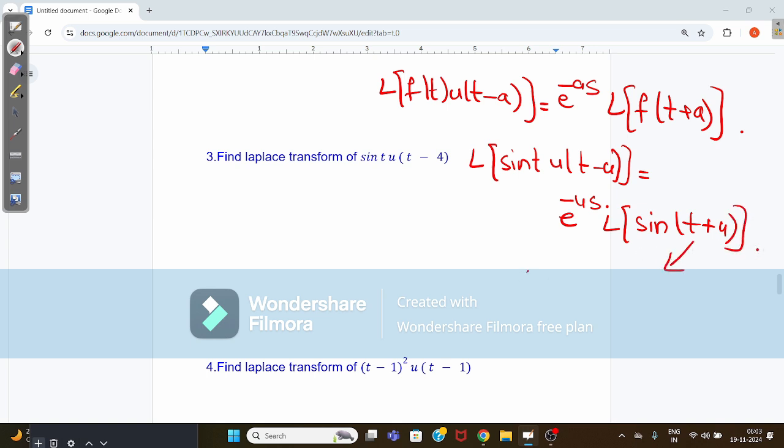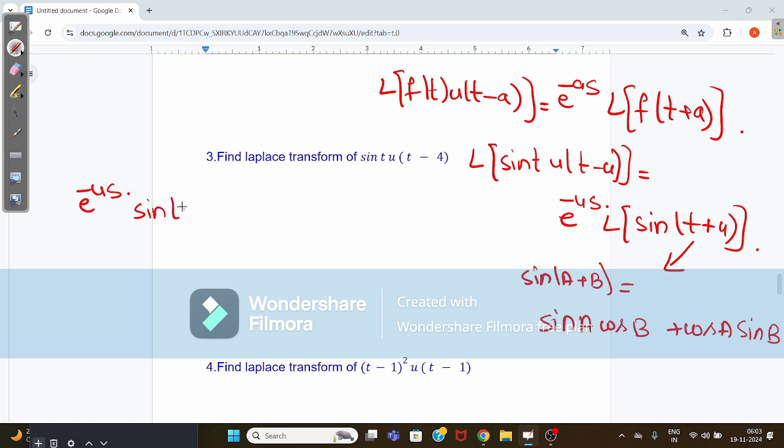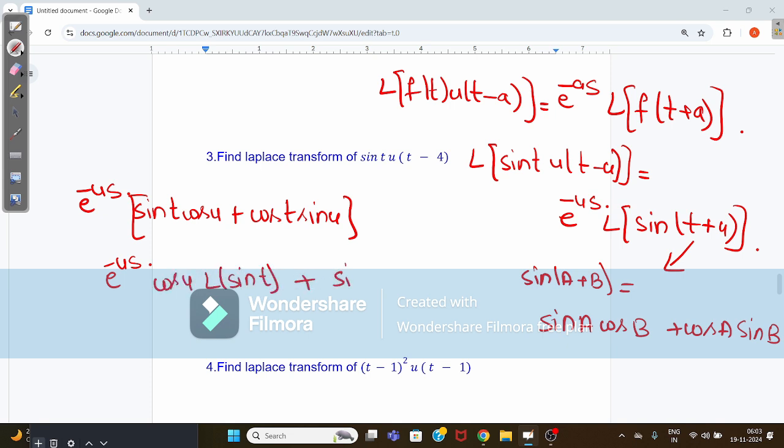The formula used is sine of a plus b equals sine a cos b plus cos a sine b. So that can be written as e power minus 4s into sine t cos 4 plus cos t sine 4. So e power minus 4s into cos 4 L of sine t plus sine 4 L of cos t.